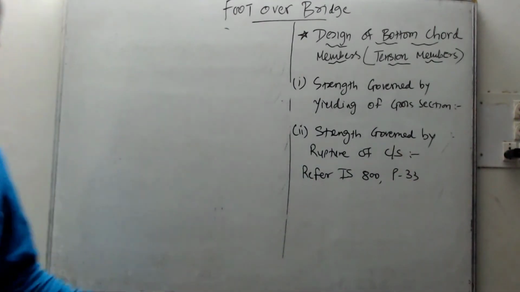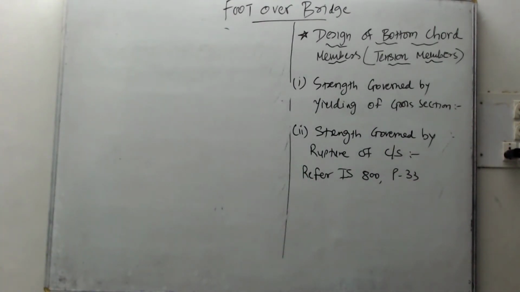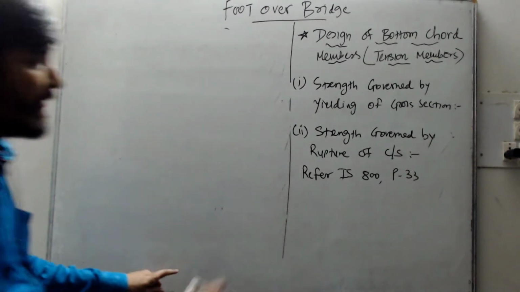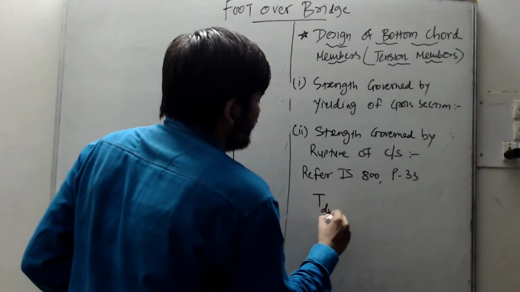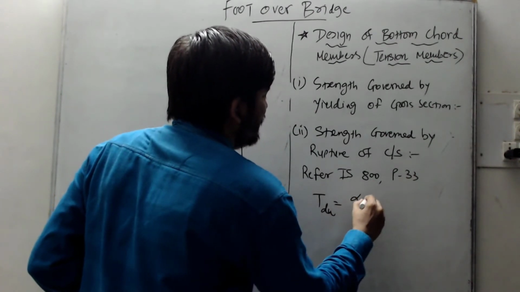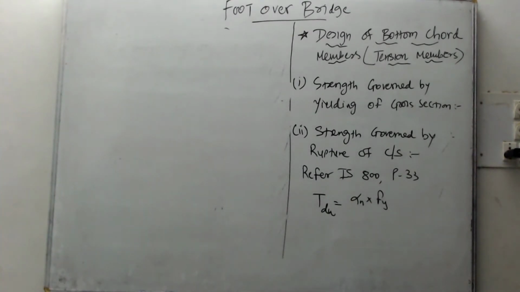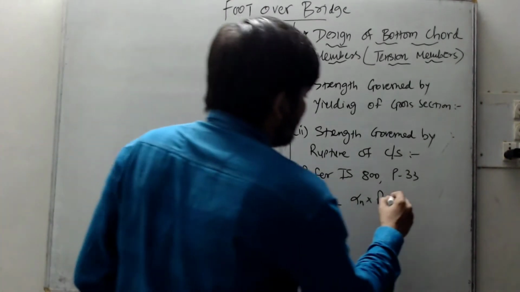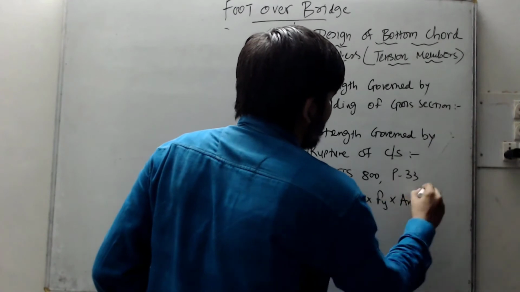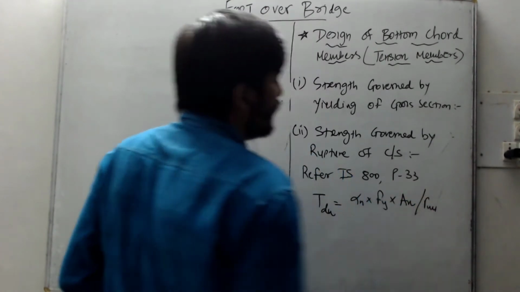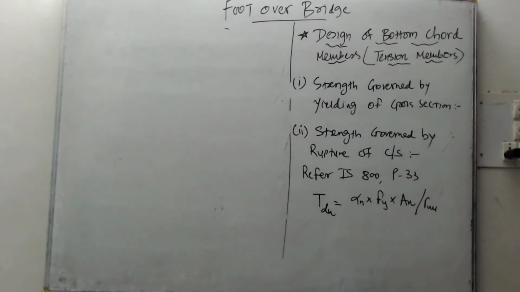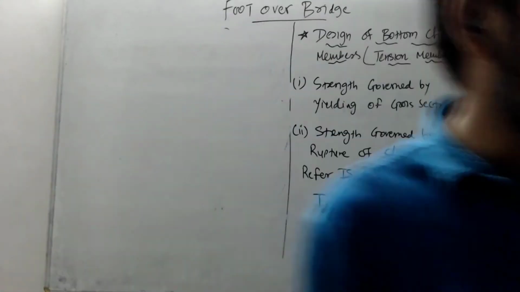The formula there you can find is T_dn is equal to alpha_n into Fu into An divided by gamma_m1. So let us go to the formula page number 33 and see the solution of that after that.